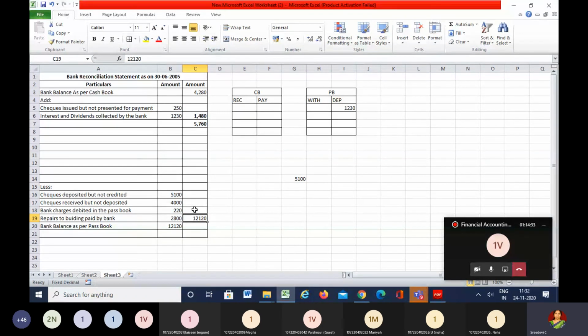So therefore it becomes the unfavorable, opposite balance. So 12,120 minus 5,760, that is 6,360, will become the unfavorable balance, which is to be called an overdraft as per the passbook.